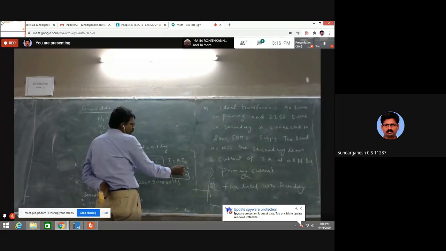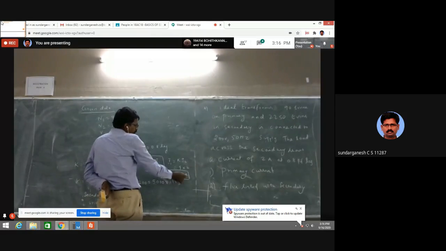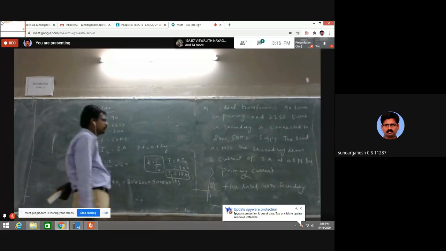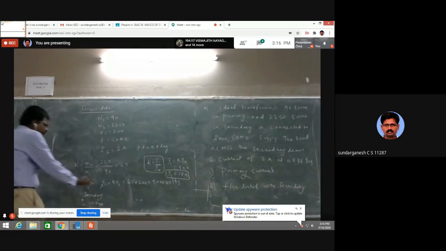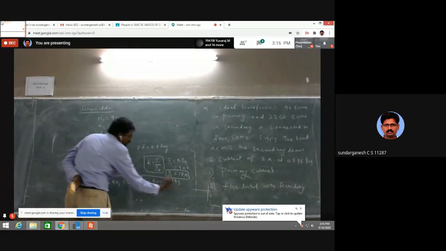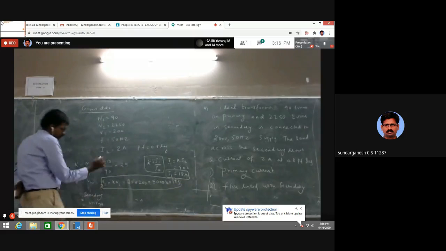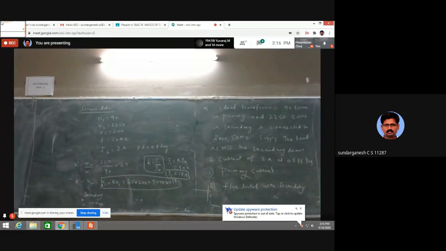I2 is 2 amps, so I1 equals 25 into 2, which is 50 amps. I have found V2, which is 5000 volts. Now we have to find the flux linked with the secondary, so we use the formula E2 and N2. Complete this, and after this we can finish.